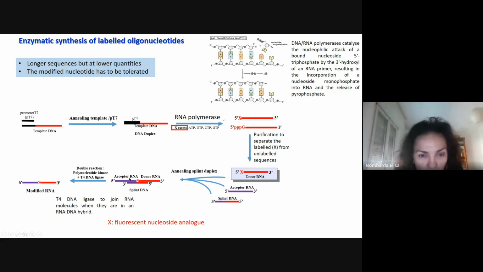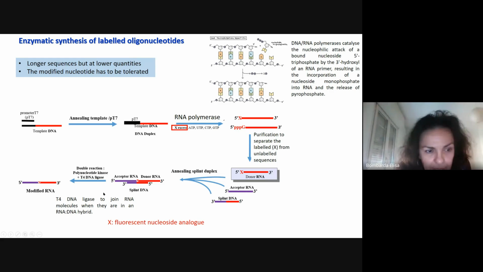And so that is the way to practically fix the label in a specific, wanted position in the sequence according to the splint that is used.